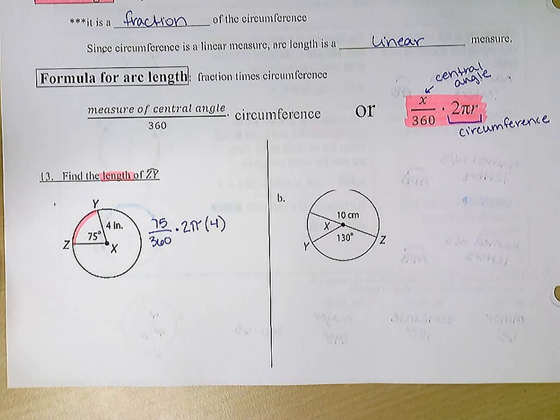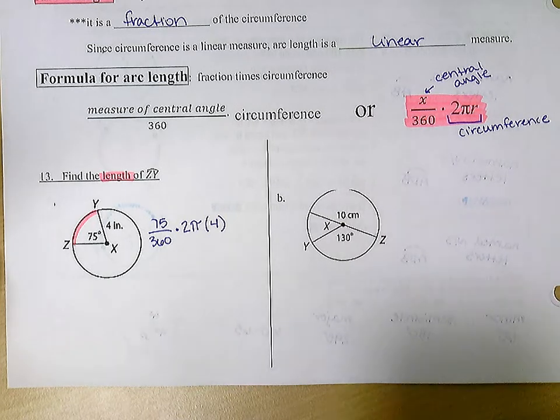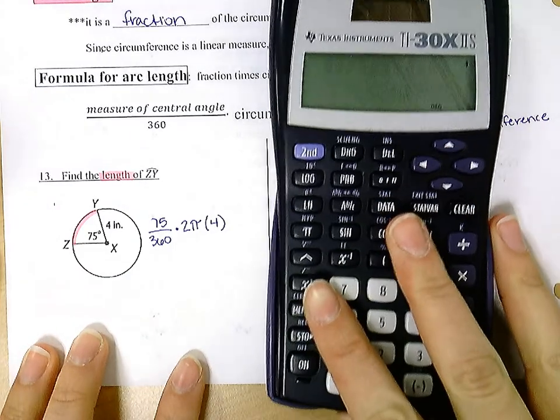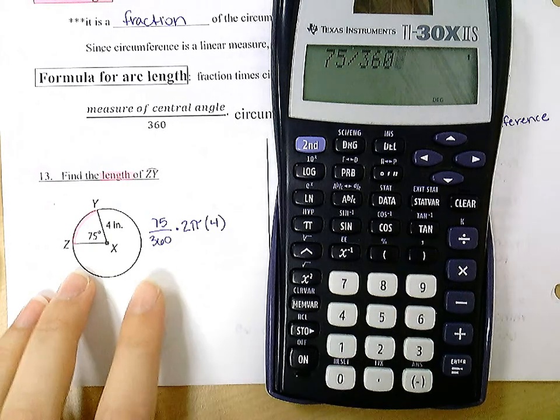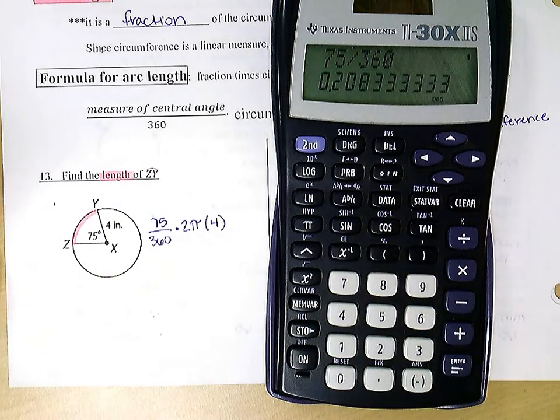Then you can plug that into your calculator. You do have to be careful of how you plug this in, because if you do it all in one, you need parentheses around your fraction. What I would do is take 75 divided by 360, press enter, and get that decimal.